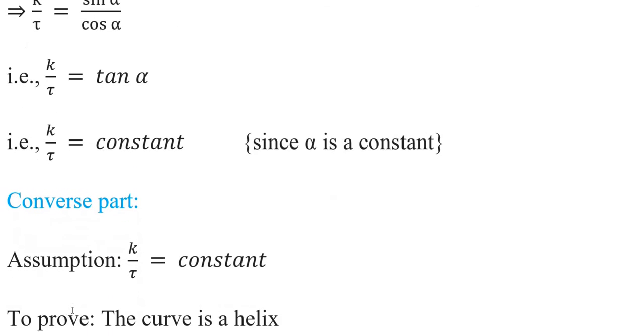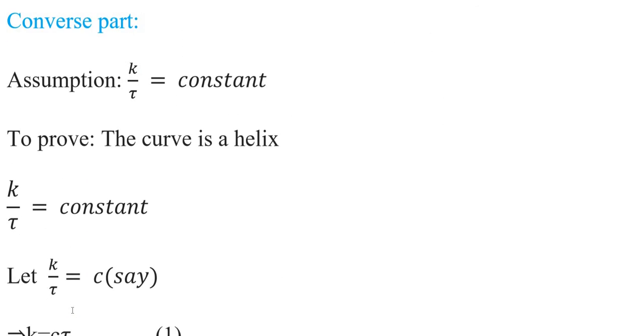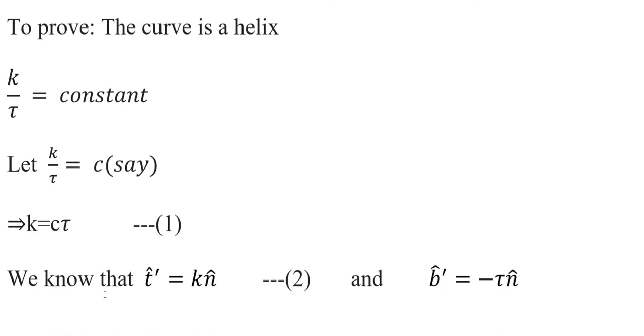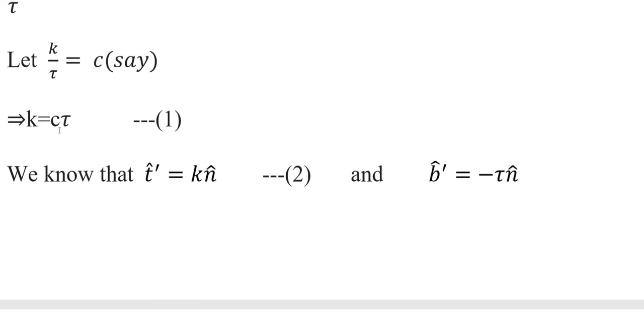Conversely, we assume that kappa by tau is a constant and we are going to prove the curve is a helix. So let kappa by tau equal to c, which implies that kappa equal to c tau.